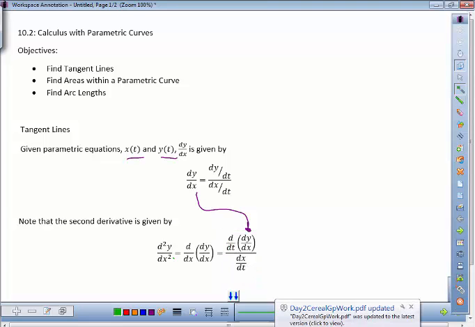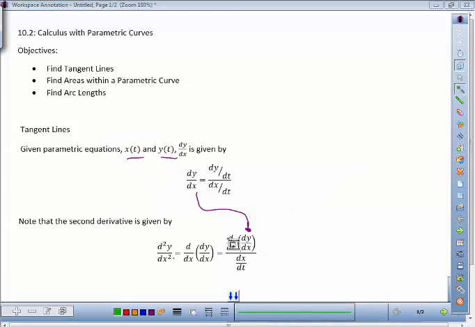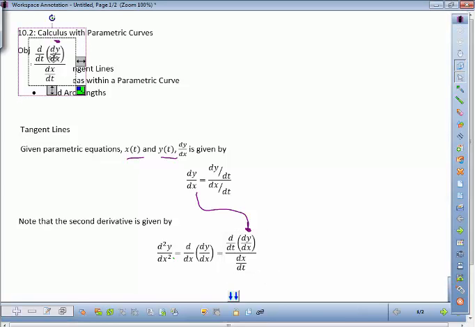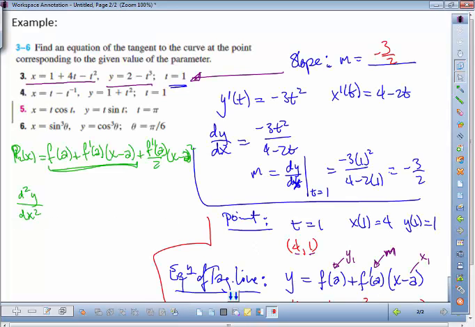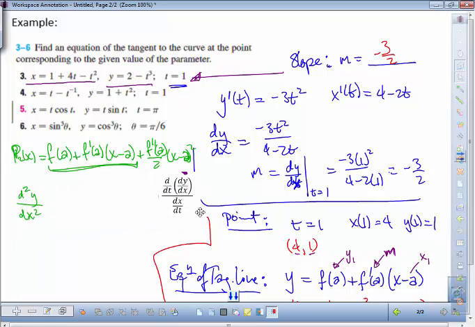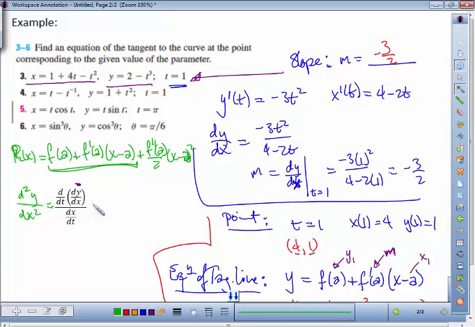So why don't we just, for good measure, take a quick picture of this and bring it to our next slide. This is the formula that we're looking at to get this thing. Maybe I'll put it over here. So I want the dy/dx. This is my dy/dx right here, as a function of t.